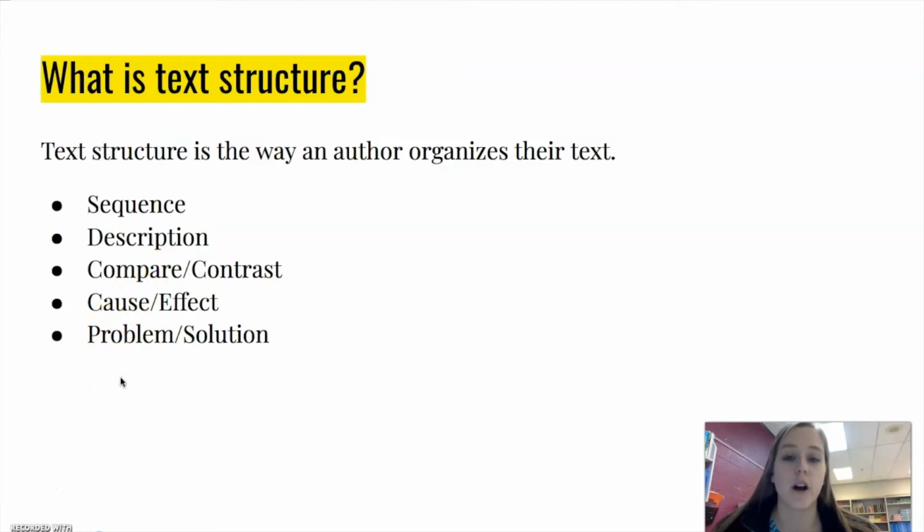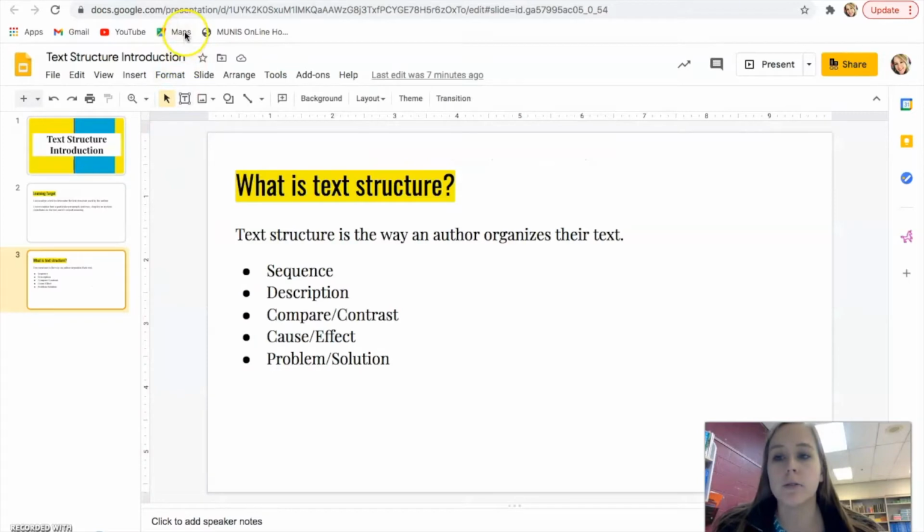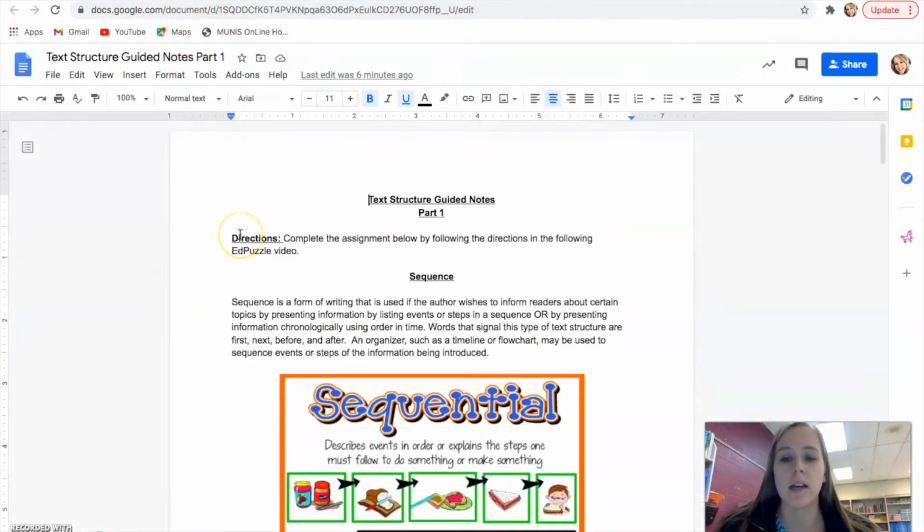Now, here's your job. As you are watching this video, there is a document that's posted on our assignment for today on Google Classroom, and this is what it looks like. It is called Text Structure Guided Notes Part 1.